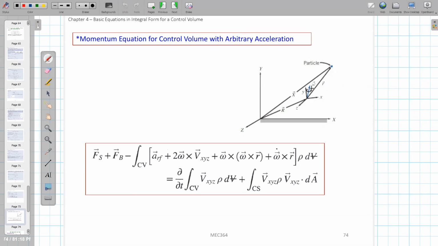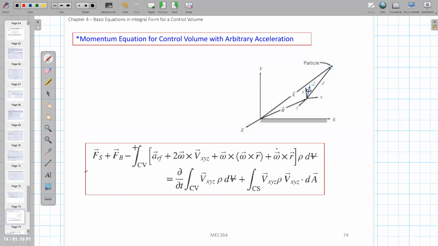Let's assume this reference framework has two accelerations. One is the rectilinear acceleration, a of RF, and also this xyz rotates about a fixed axis with rotation velocity omega. What will the momentum equation look like?